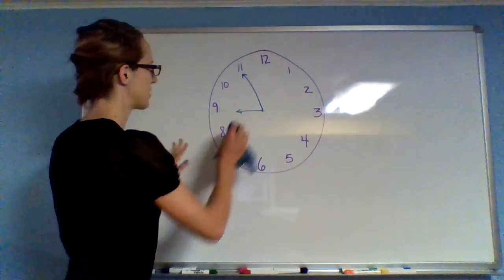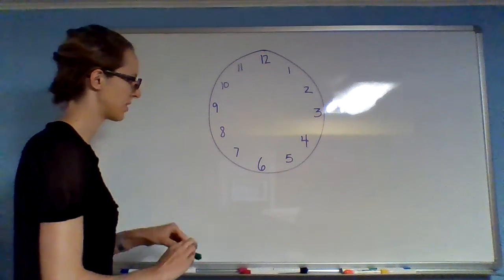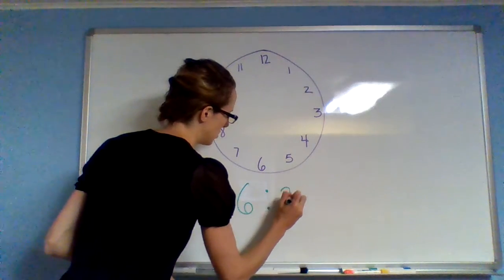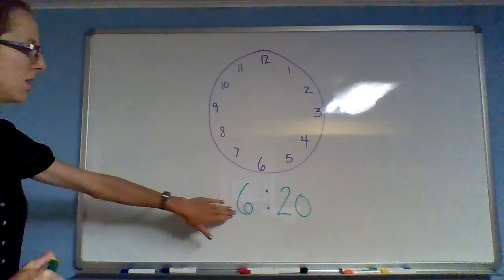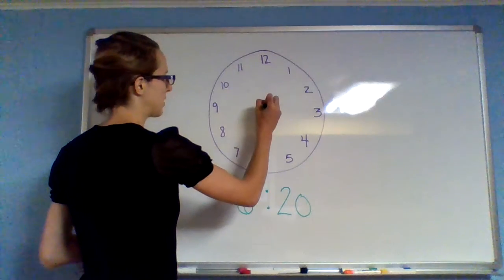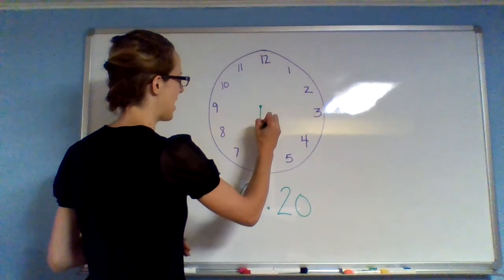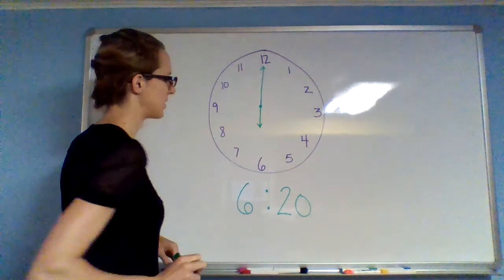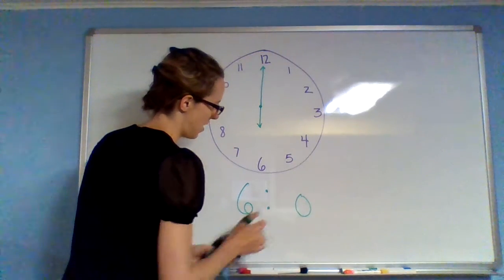If we're trying to go the other way, and you know a time, and then you're trying to draw the clock, I can pick out a time that's 6:20. The first number is going to tell me where the little hand is. Remember, the only time the little hand is exactly at that first number is if it's 6:00, 6 o'clock on the dot.